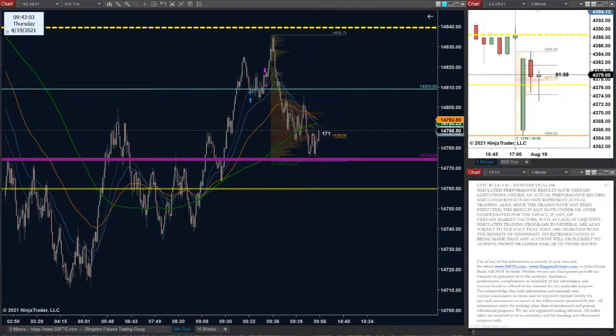Little more bullish continuation, but not a ton. Well, might have spoke too soon there. Oof.